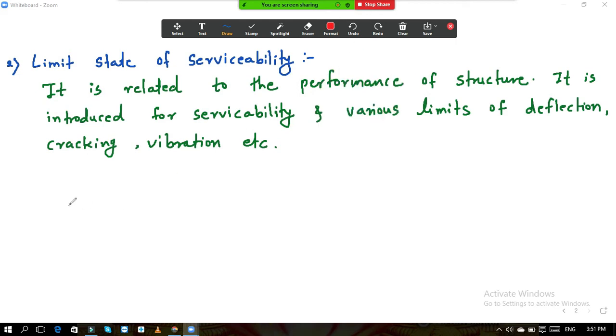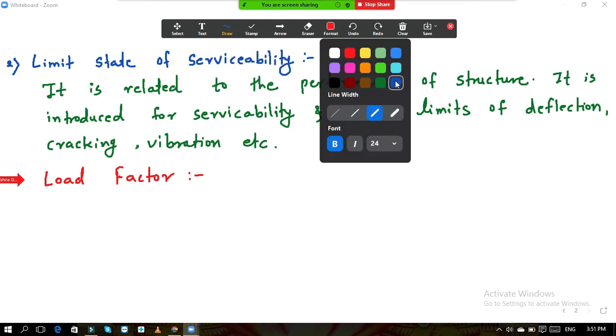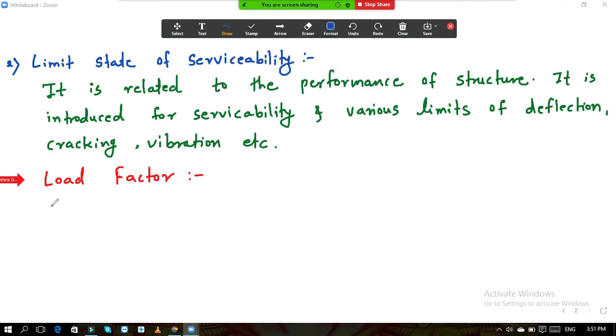Okay, so the next definition we will look at is called load factor. What is the meaning of load factor? I will write down the definition, you also copy it down.